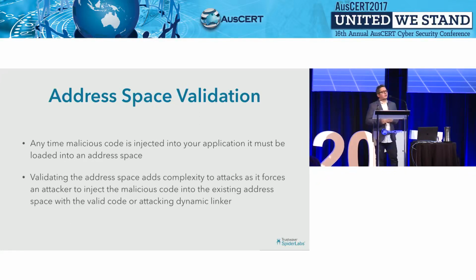Another more complicated but also very effective method of protecting against runtime attacks is address space validation. Anytime malicious code is injected into your application, it must be loaded into an address space, obviously. Validating that address space adds complexity for the attacker because it forces them to try and inject malicious code into the existing address space, which is valid, with valid code, or attack the dynamic linker, which is hard, right?